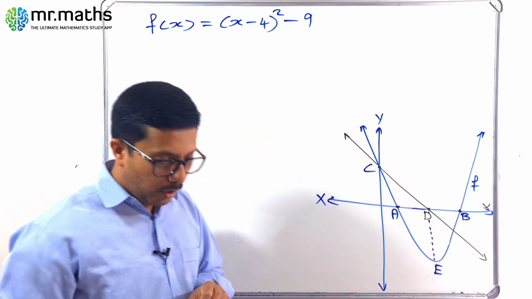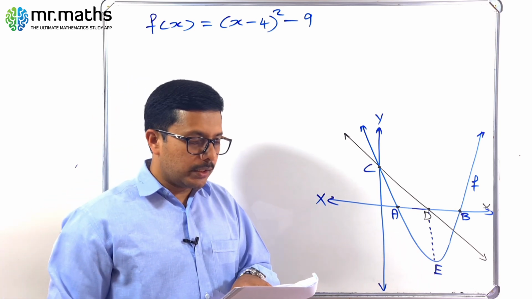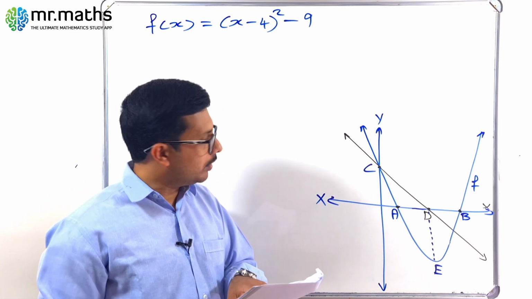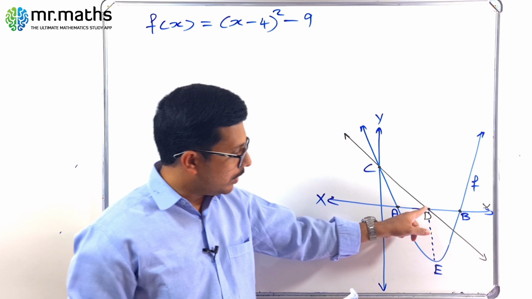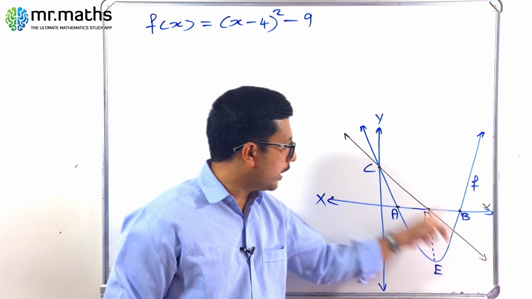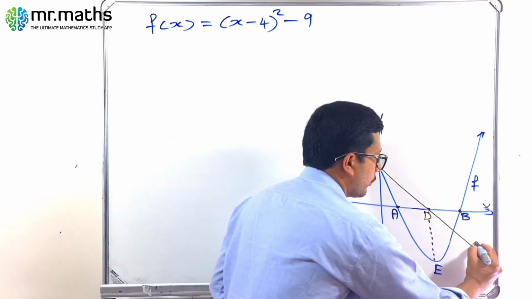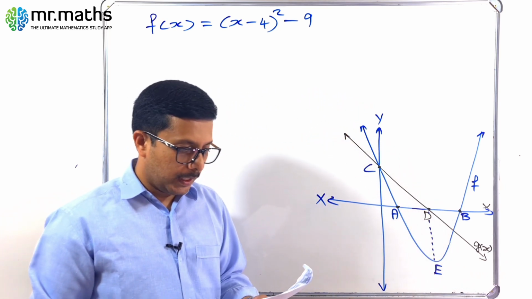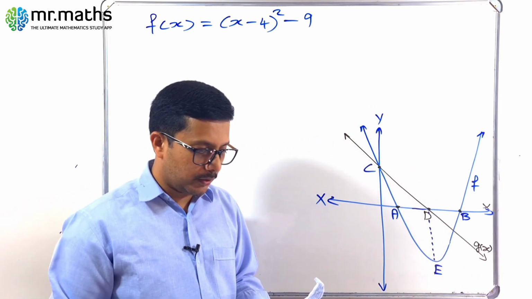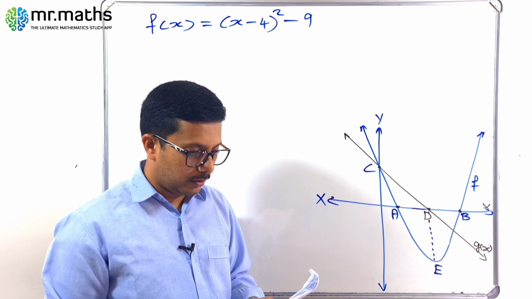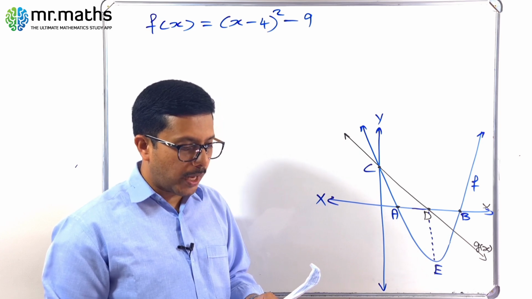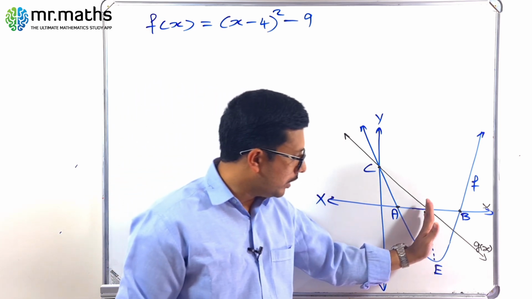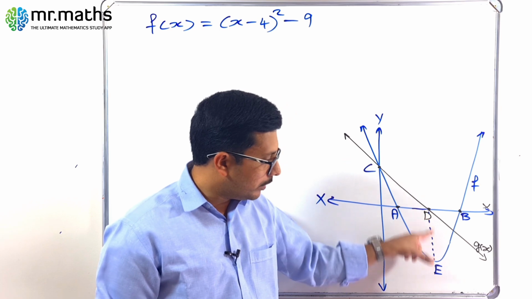Now the x-intercept of g is D. That means this straight line is the g of x graph, and the x-intercept is D. DE is parallel to the y-axis, this dotted line.